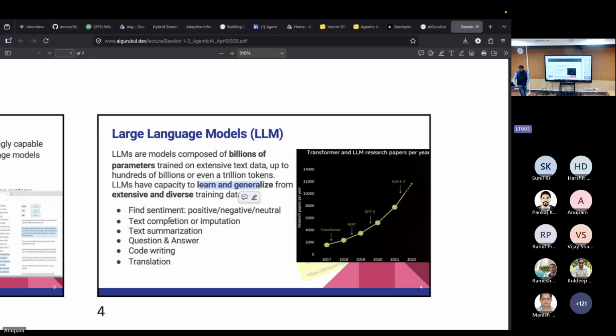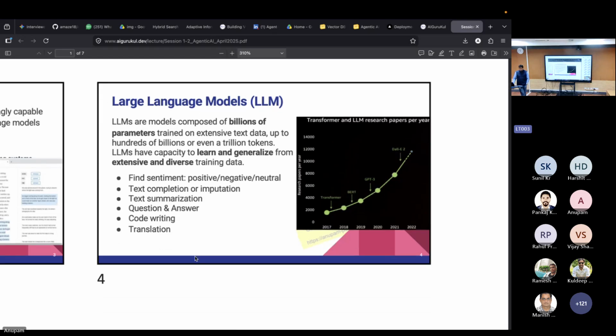In terms of their memory, it all depends on how many parameters the model has and how much training data you are throwing at it. Initial language models were able to do all these things. If you look at any of these tasks, whether it is sentiment classification, text completion, summarization, code writing or translation, earlier you would create a separate model for each. If you are exposed to natural language processing, you would know that for each task you train a separate model.